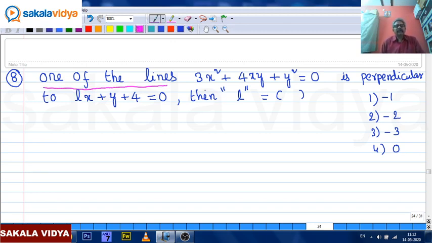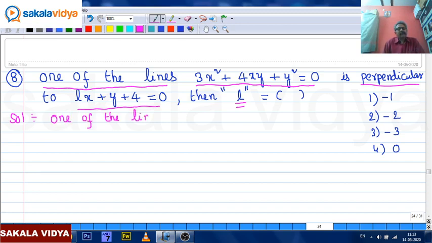One of the lines 3x square plus 4xy plus y square is equal to 0 is perpendicular to Lx plus y plus 4 is equal to 0, then L. So first we need to find one of the lines which is perpendicular to Lx plus y plus 4 is equal to 0 and passes through the origin.